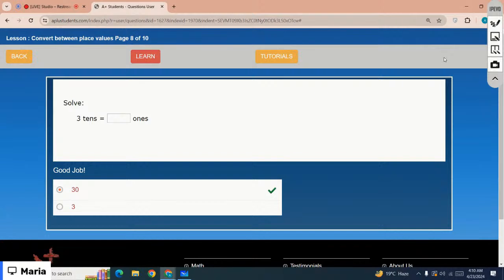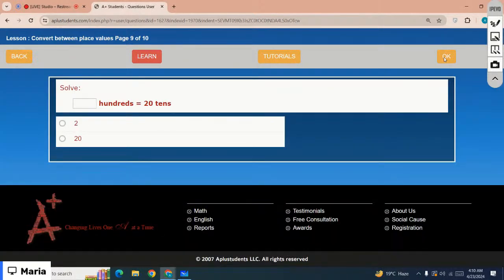If you cannot see your answer, hold on. 20 tens equal how many hundreds? 20 tens equal 200s.